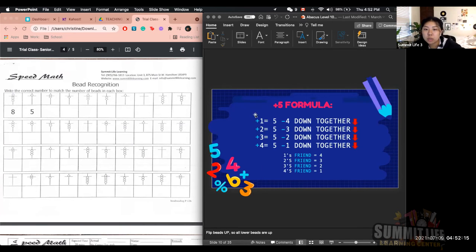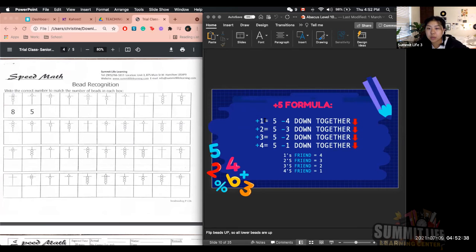So what does the relationship with friends have to do with adding? If I want to add 1 and I don't have enough beads, I'm always going to add 5 and minus my friend. Plus and minus are opposite symbols.